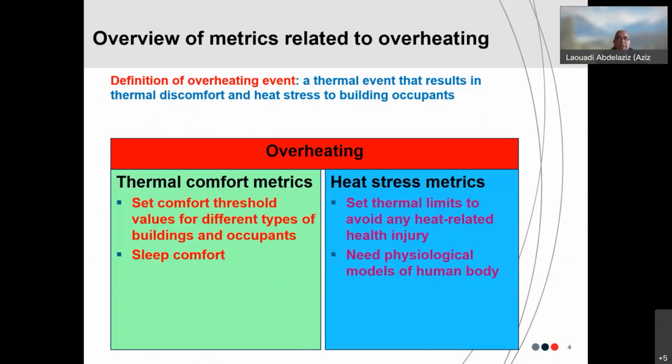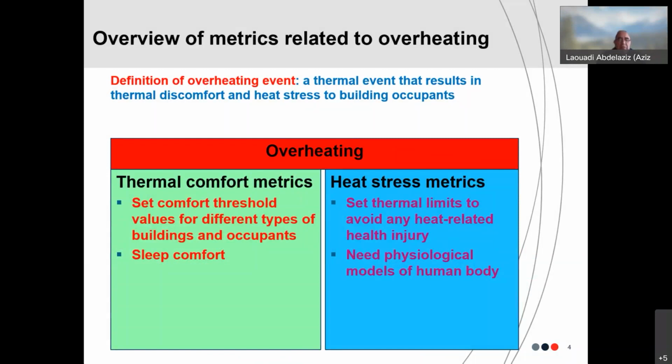Metrics related to overheating. First of all, an overheating event is defined as a thermal event that results in thermal discomfort and heat stress to building occupants. And therefore, evaluation of overheating will need metrics for thermal comfort and metrics for heat stress.